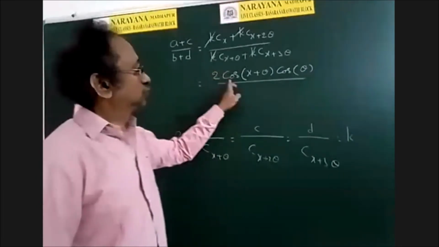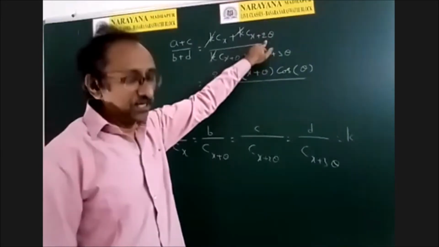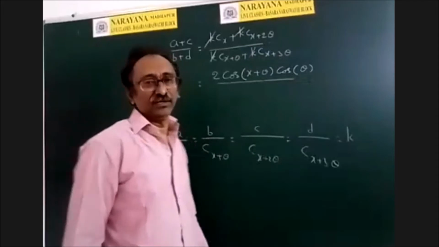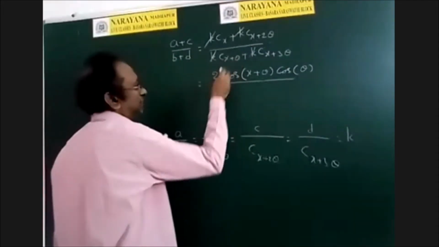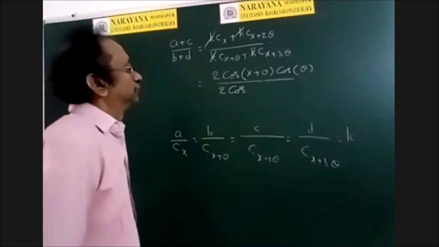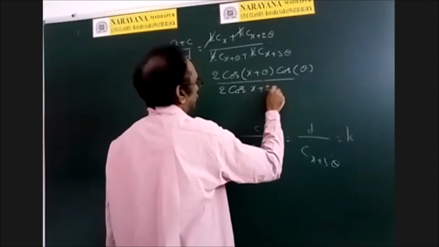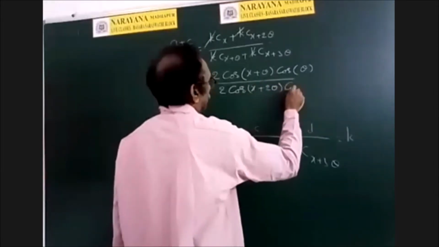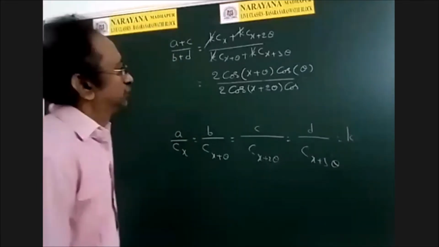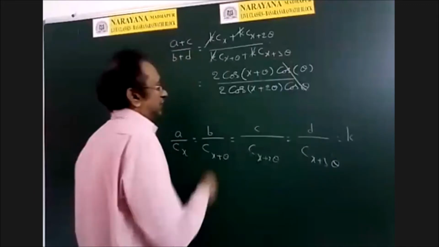Because this is 2 cos c plus d by 2, cos c minus d by 2, that is minus 2 theta by 2, that is minus theta, but cos minus theta is cos theta. Similarly this one, 2 cos c plus d by 2, 2x plus 4 theta by 2, that is x plus 2 theta, cos c minus d by 2, that is 2 theta by 2, cos theta. And immediately these two terms are cancelled.